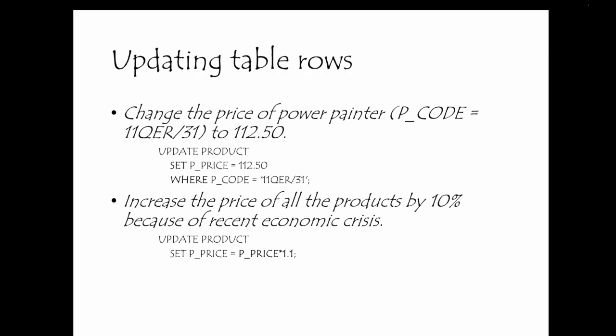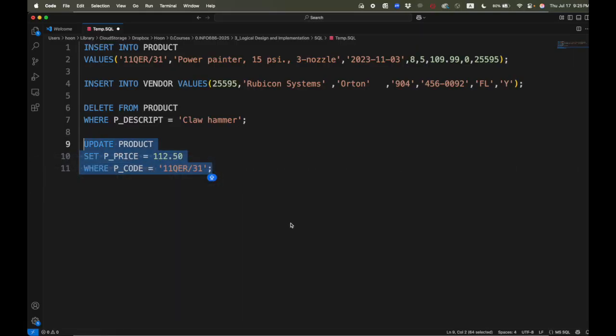In that case, to assign the new price, we can use a mathematical formula here. Using the current price, we will just use the column name P price, and the 10% increase means multiplication by 1.1. So using this mathematical formula, we can update the current P price with the new P price. And in this case, since we want to update all the products, there is no condition, there is no where statement. So let's practice it.